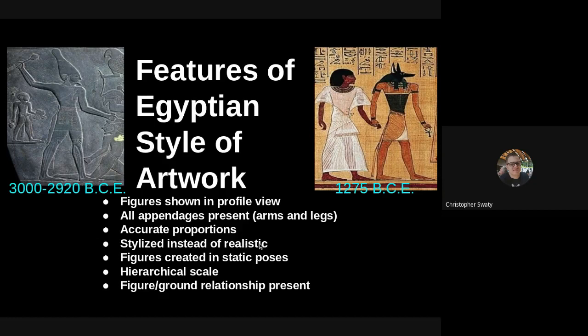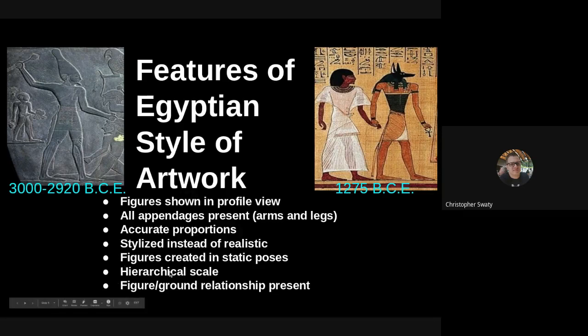They are stylized. They're not super realistic. They have these really narrow torsos. Since they're all profile view, they have this really stylized depiction of an eye. They're in very static poses.